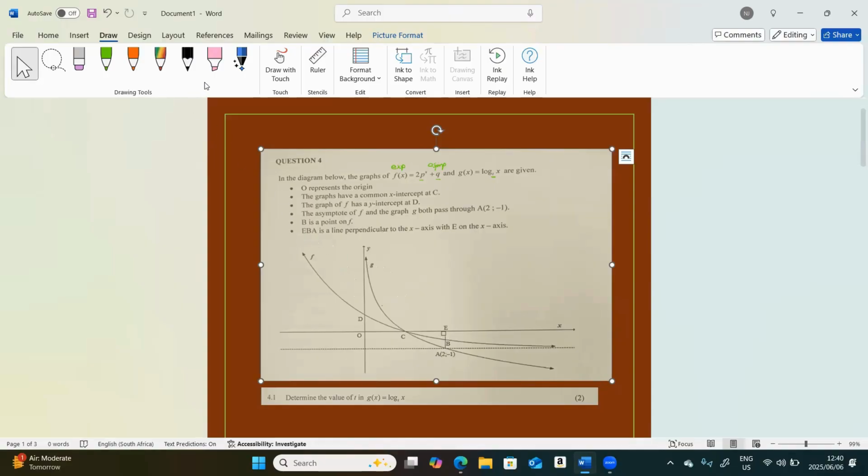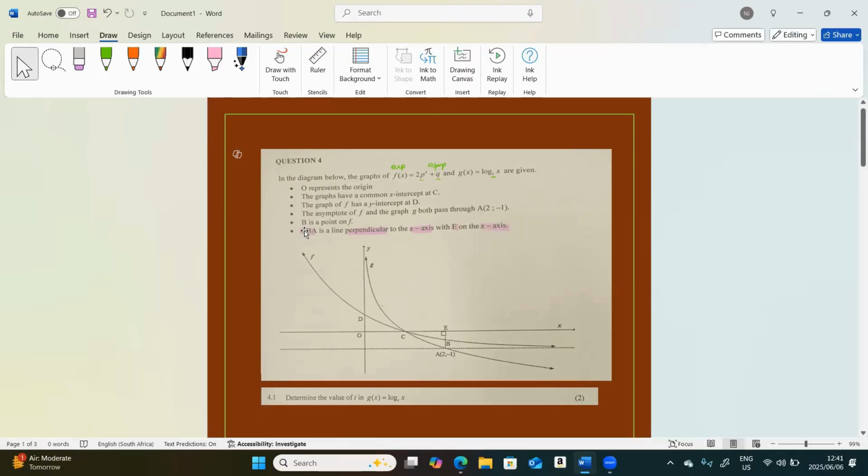Okay, and then this last one is very important. They say EBA is a line perpendicular to the x-axis and with E on the x-axis. Okay, so this is very important. Now, I'm going to show you what this means because quite a few students don't quite grasp what this last bullet means. They talk about EBA, okay?